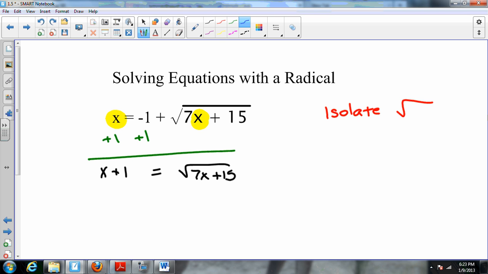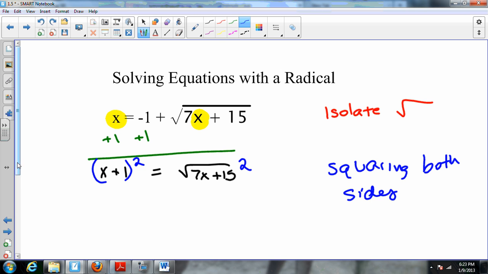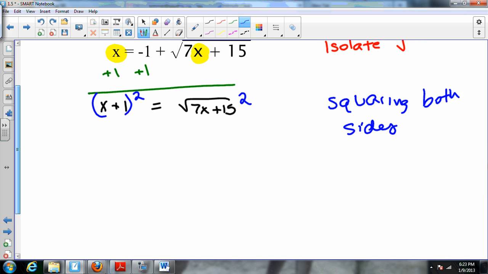Now to get it out of the root, we're going to have to square it. What we do to one side, we must do to the other. So put x plus 1 in parentheses and square it. So we are squaring both sides. So the left side will go to x squared plus 2x plus 1.